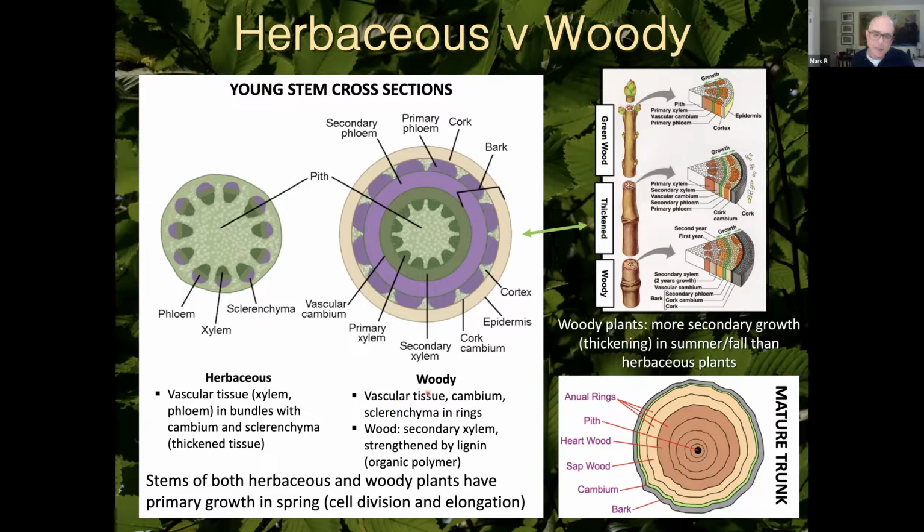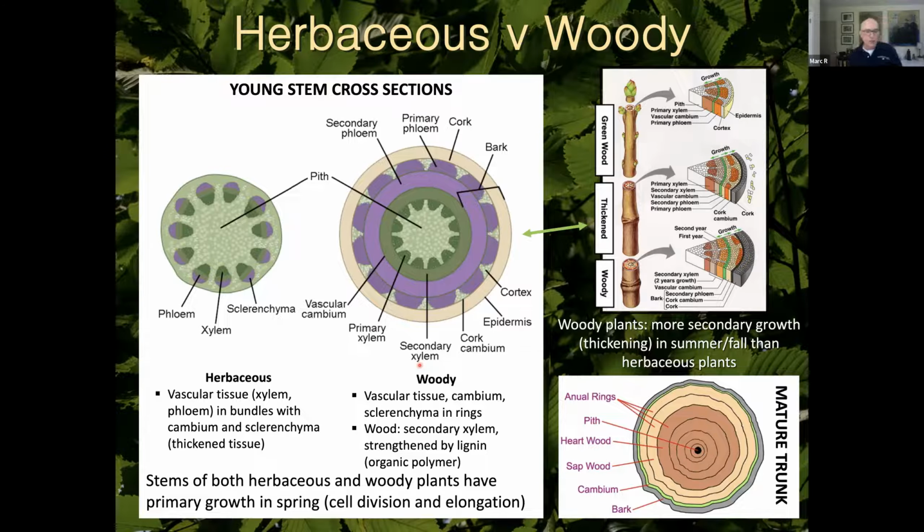What enables them to do that is woody plant tissue, which is a type of xylem, one of the conductive plant tissues within a plant, that is strengthened by an organic polymer called lignin. There's a bit of lignin even in most herbaceous plants, but it's not formed as much.